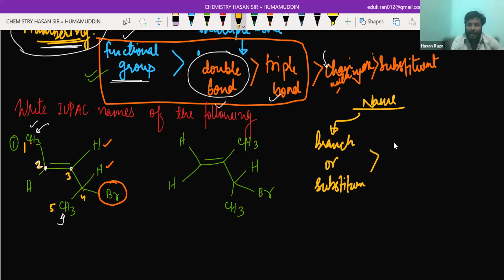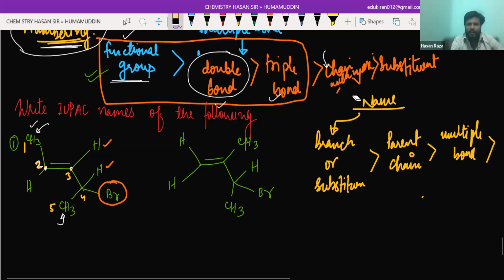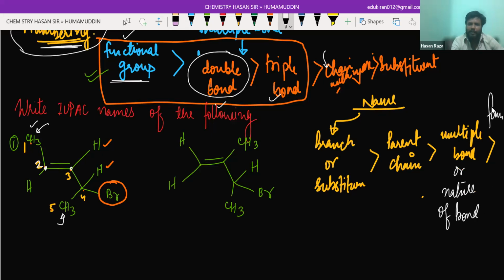Then you jump to the parent chain, how many carbons are present in it. Then the multiple bond, like double bond or triple bond, that is the nature of the bond. And then you write the functional group at the end.